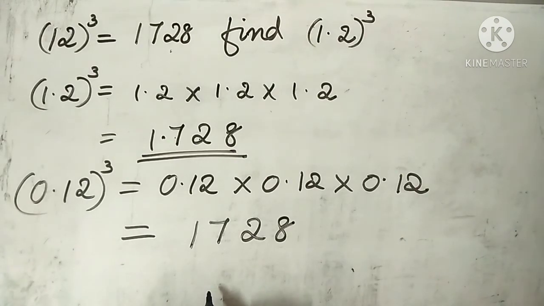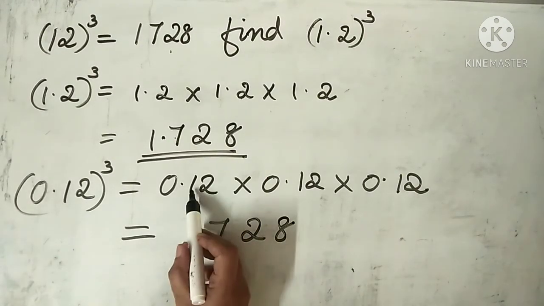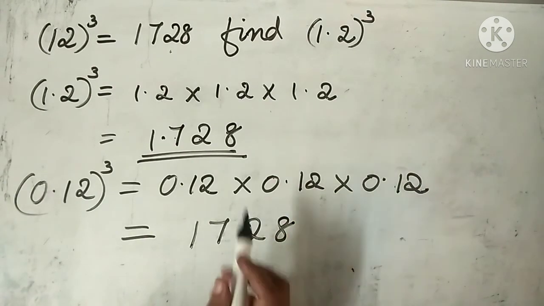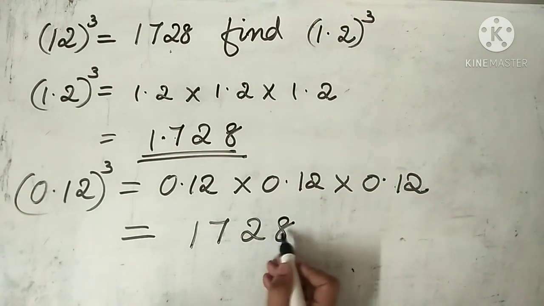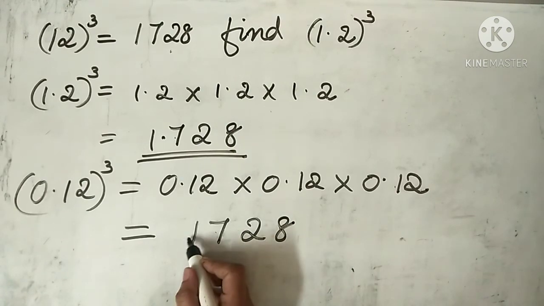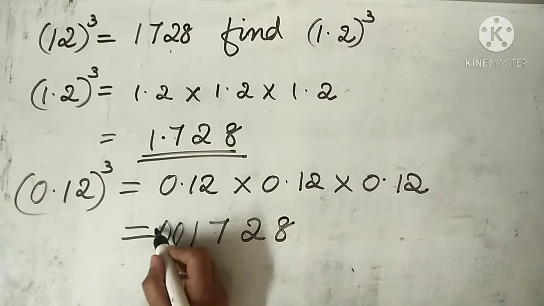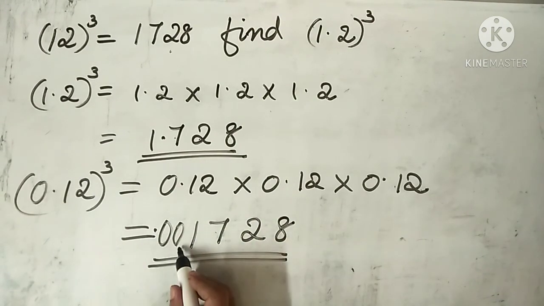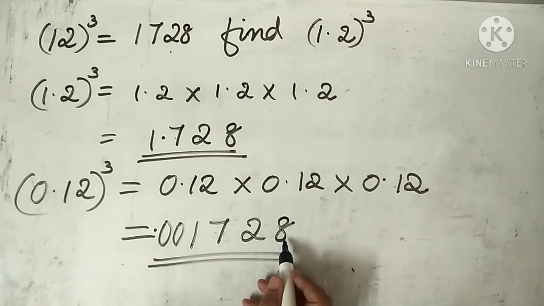How many numbers are there after the decimal point? 1, 2, 3, 4, 5, 6. So we have to count from here to put the decimal point. 1, 2, 3, 4, 5, 6 and put the decimal point. So the answer is 0.001728.